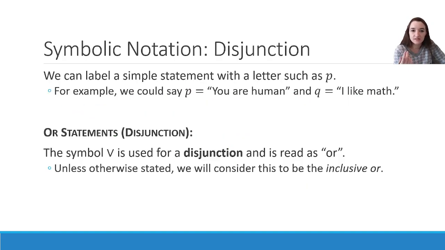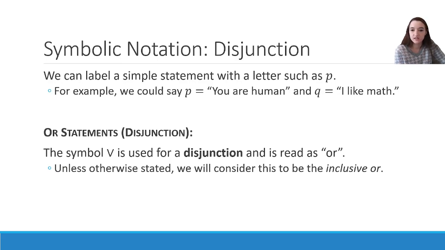Our next symbolic notation is going to be the disjunction. The disjunction is our or statement. Like I talked about before, the or statement takes that and symbol and flips it up so it actually is like a capital V. Again, it's not actually a V, in the same way that the union symbol is not actually a U, but it essentially looks like one. Capital V is read as or.